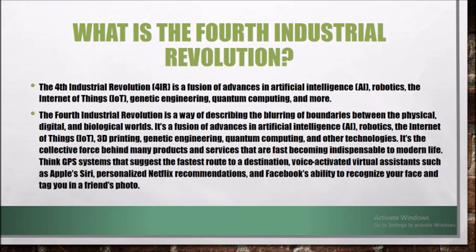It's a fusion of advances in artificial intelligence, robotics, Internet of Things, 3D printing, genetic engineering, quantum computing, and other technologies. Don't worry, I'll be providing you some examples about those that I have mentioned, what they are, and what their relevance is. Why are they being considered as a part of the Fourth Industrial Revolution?